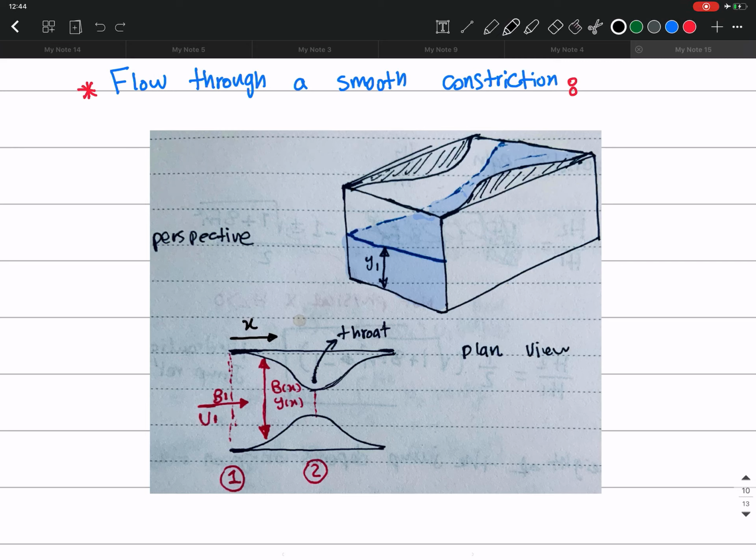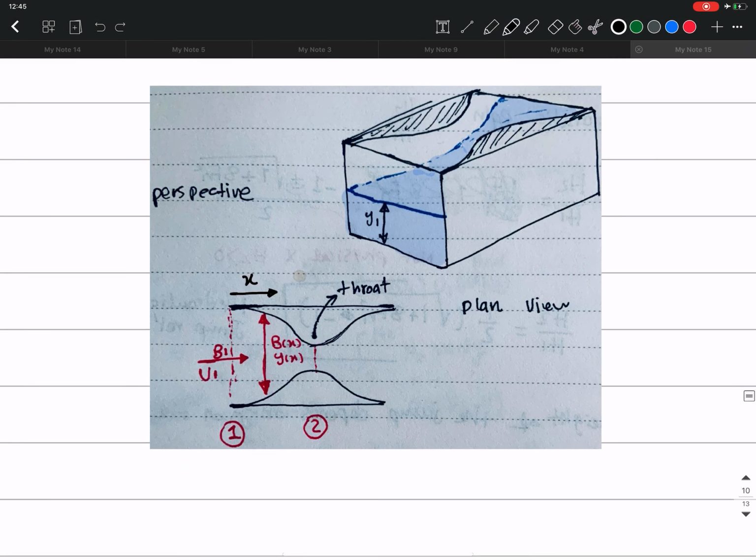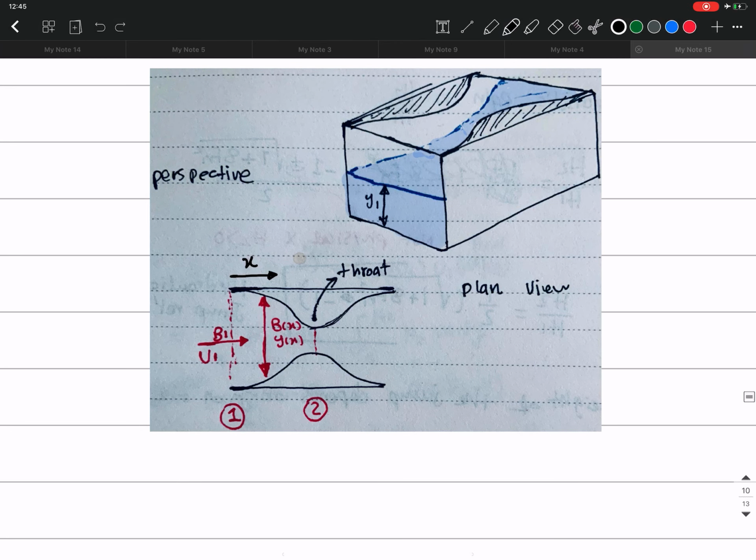So we want to see what happens as the flow moves through this smooth constriction. Okay, so we want to formulate the flow behavior based on different situations that might occur here.